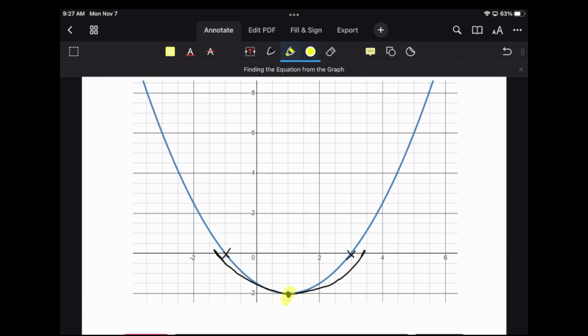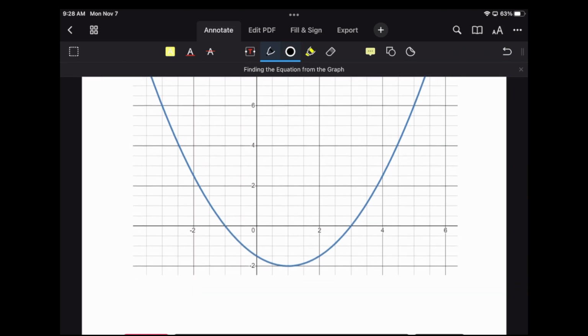Basically, if only the vertex is really easy to see, you should use the vertex. If you can only easily see the x-intercepts because the vertex is some weird decimal or fraction value, then don't use that. Just use the values that are most easily read. And if you can read both of them easily, then it's really up to you, or it's up to what the question is asking you to do. So if the question says you have to use vertex form, then obviously you should use vertex form. So we're going to use vertex form for this one.